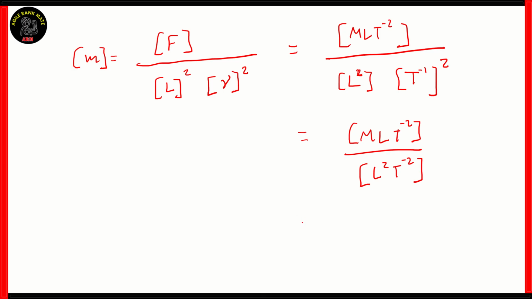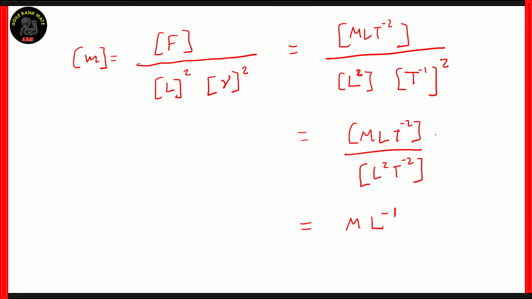So again, we're going to use the laws of exponents in order to find the final exponents. There's no quantity of m in the denominator, so m stays the same. L to the power 1 divided by L to the power 2 would be L to the power 1 minus 2, which is negative 1. And minus 2 and minus 2 cancel each other out.